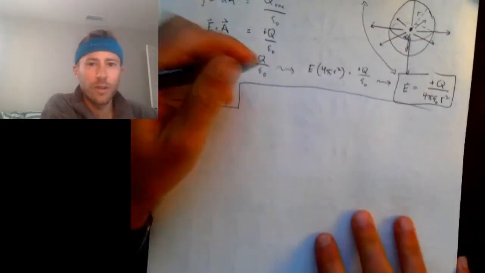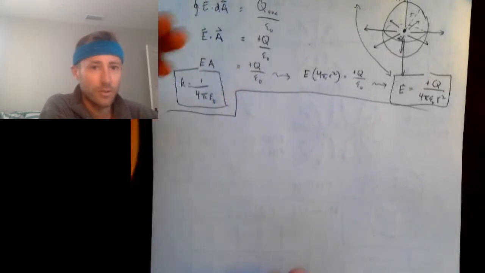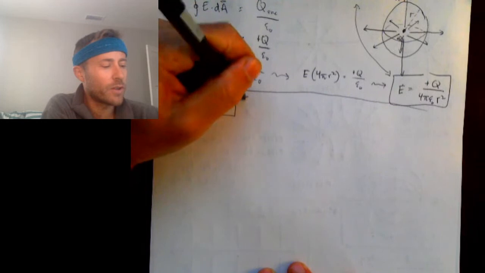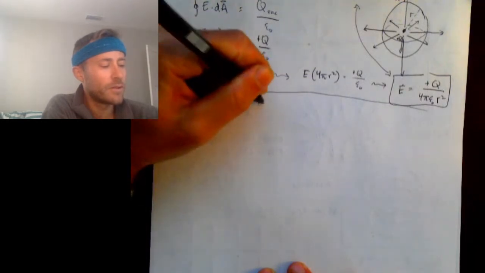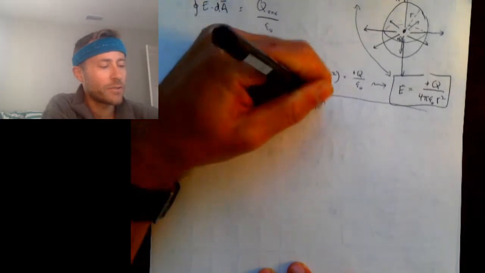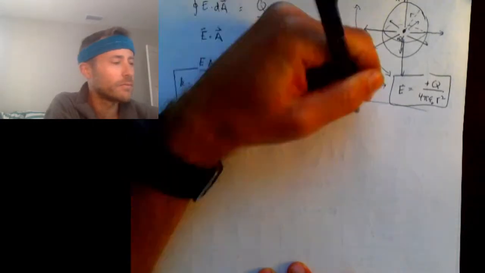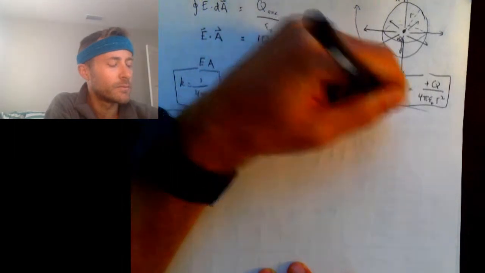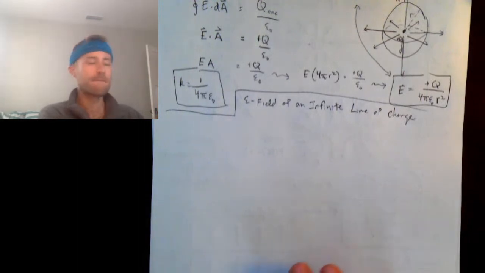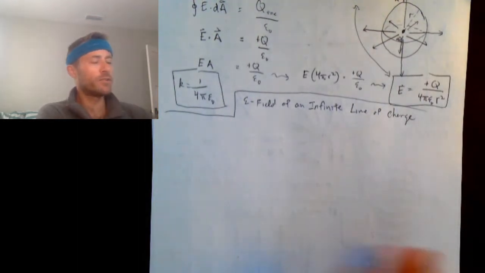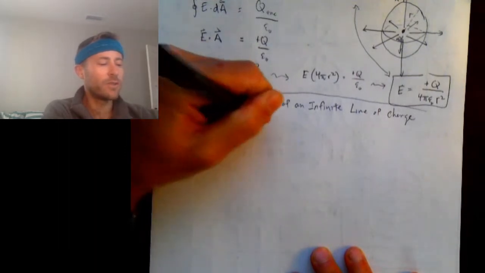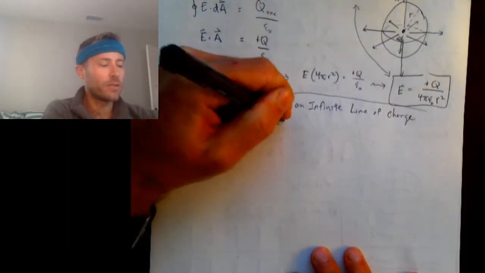So now let's apply Gauss's law to a cylindrically symmetric system. Let's talk about the electric field of an infinite line of charge. An infinite line of charge has dq dx equals lambda, and it's equal to a constant.